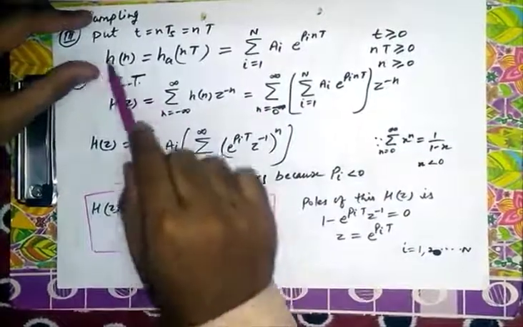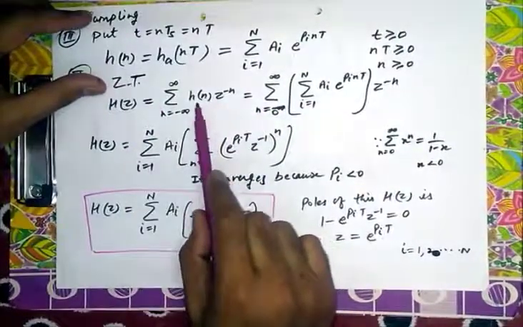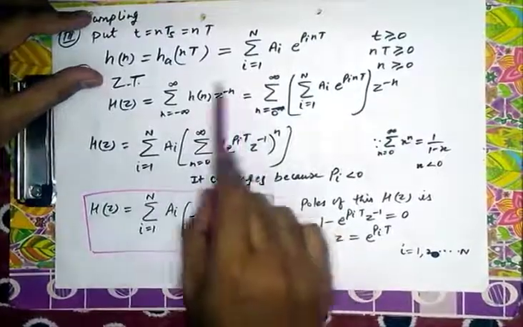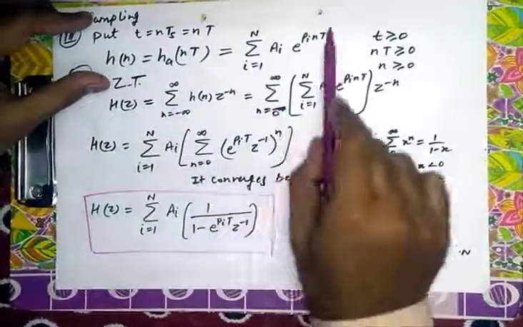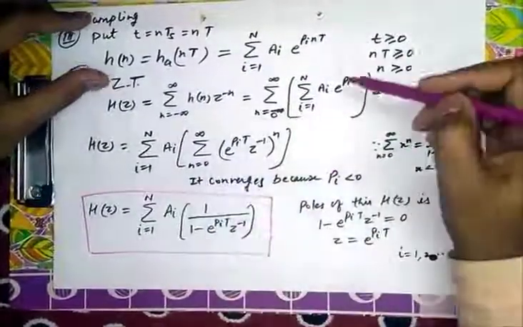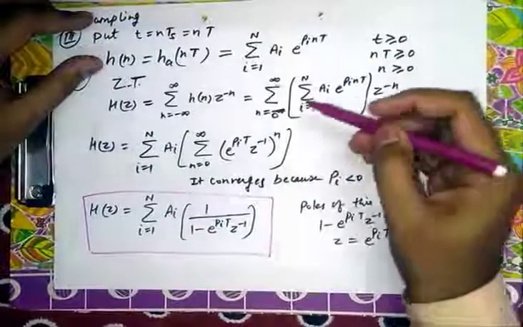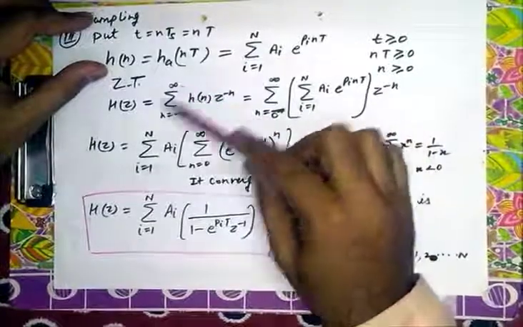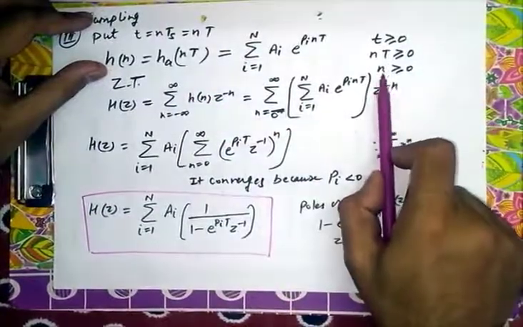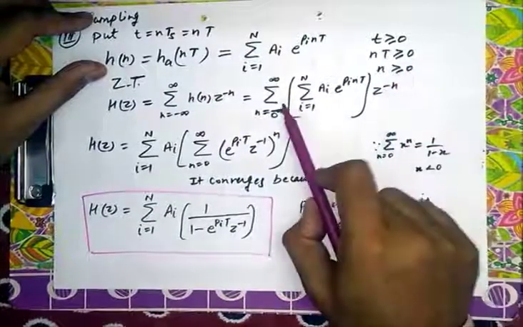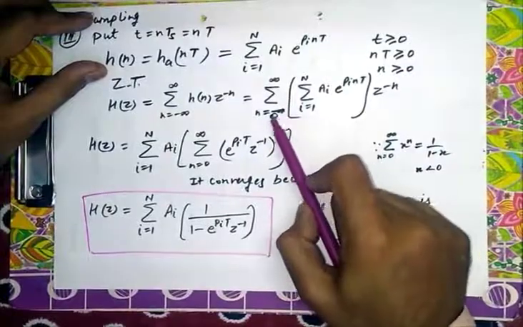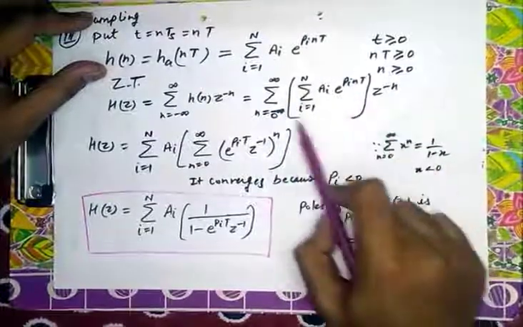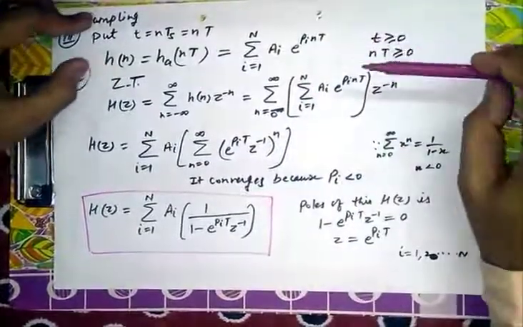The next step is applying the Z transform. The Z transform of h(n) is the sum of h(n) z raised to minus n; this is the formula. Putting the value of h(n) from above into this equation, we change the order of summation. Its natural limits are minus infinity to infinity, but here n is greater than or equal to 0, so the limits become n equal to 0 to infinity.